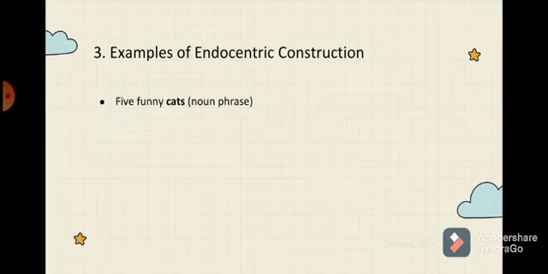But the words funny and five do not relate to one another directly. As five funny, it makes no sense.